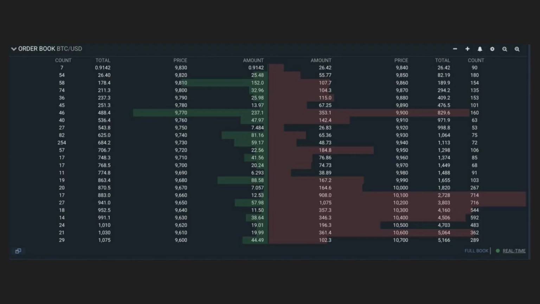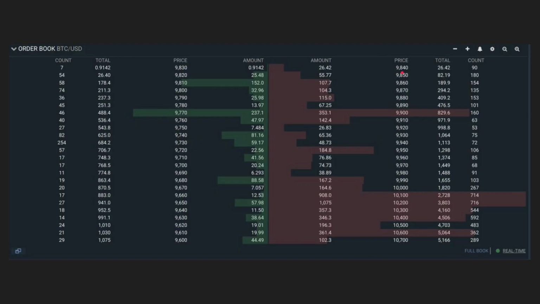Here's an example of a few sell walls actually. So here we see there's a significant sell wall at $9,900 Bitcoin. We see 353 Bitcoins being ordered for sale at this level.